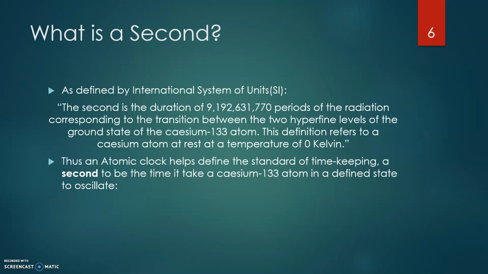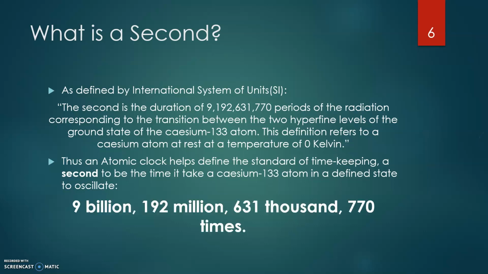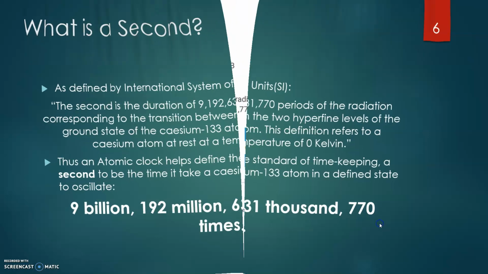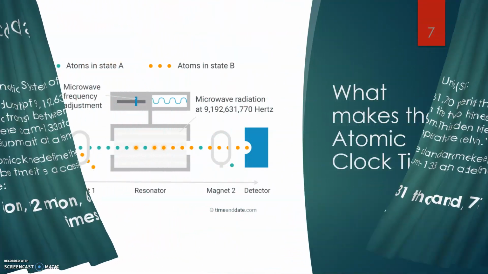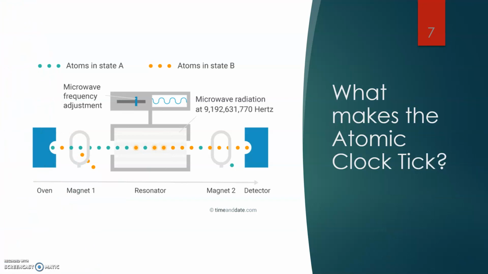Thus, an atomic clock helps define the standard of timekeeping, a second, to be the time that it takes a cesium-133 atom in a defined state to oscillate 9,192,631,770 times. This brings us to the question at hand. What makes the atomic clock tick?